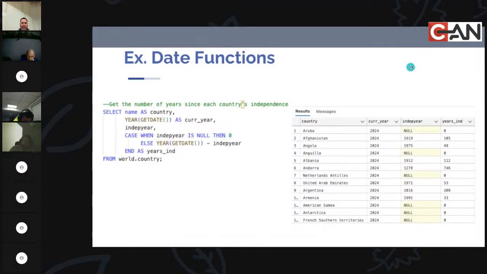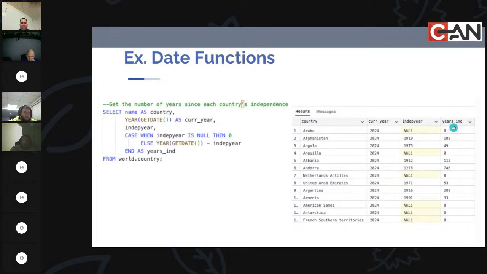So we're getting the number of years since each country's independence. And, as I mentioned before, we've got null values in here.